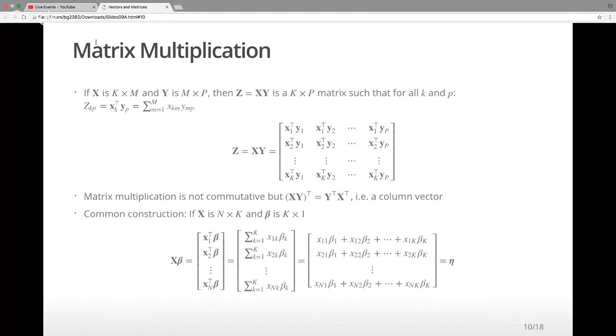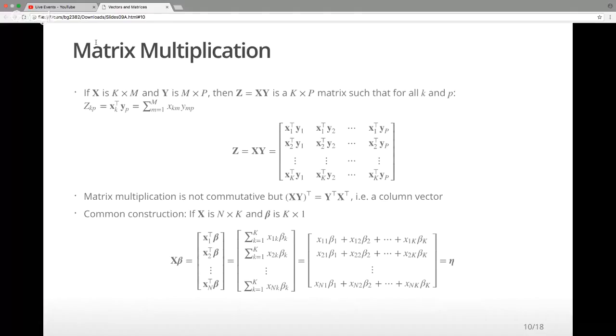And that occurs if x is, let's say, a k by m matrix, so it has m columns, and y is an m by p matrix, which is to say it has m rows. Then Z can be defined as the matrix product of x and y.